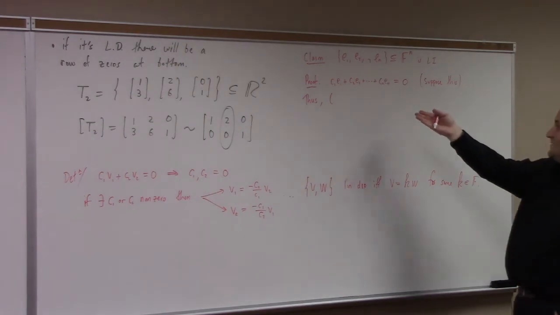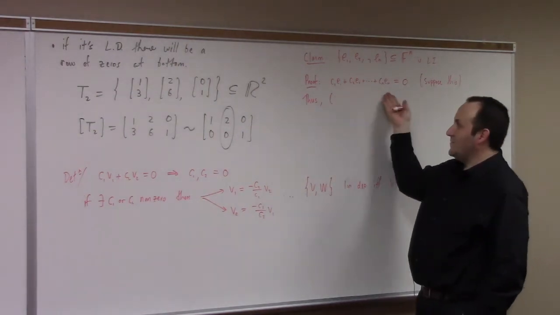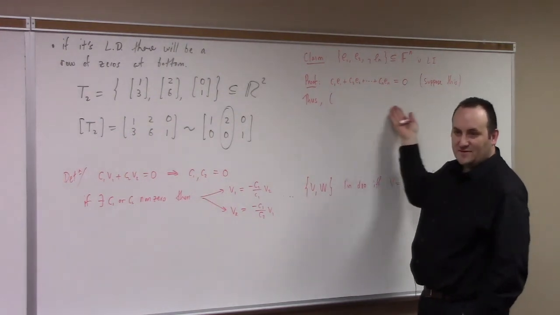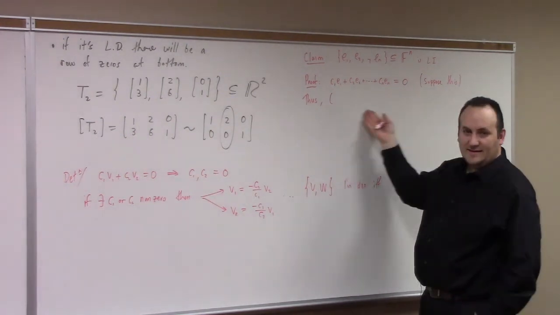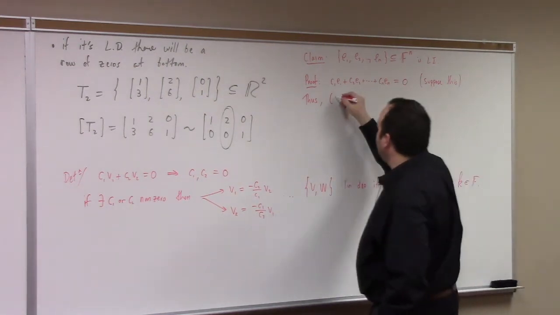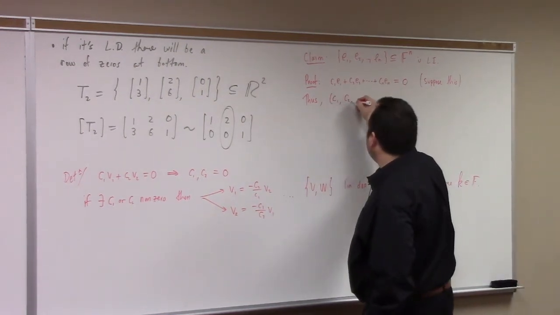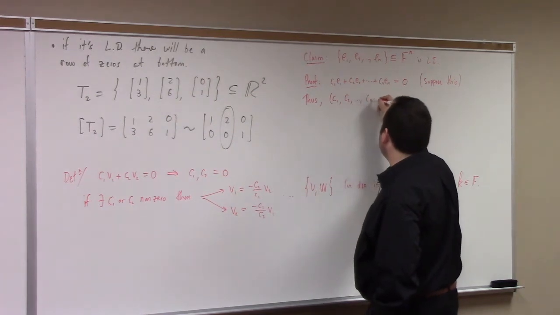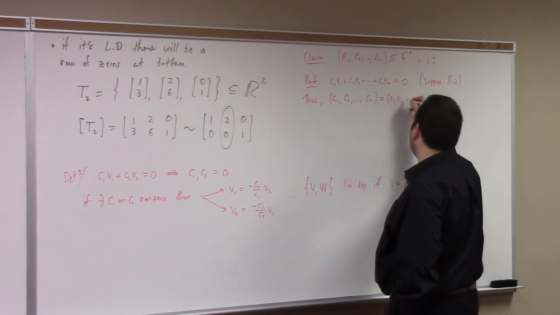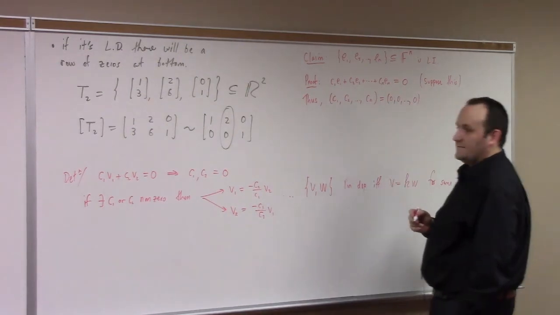Do you want me to calculate the jth component of this, or do you want me to just write it out in the comma notation? What's your preference? Index or list? List. All right. So this is C1, C2, ..., Cn, right? And what's this? This is 0, 0, ..., 0, right?